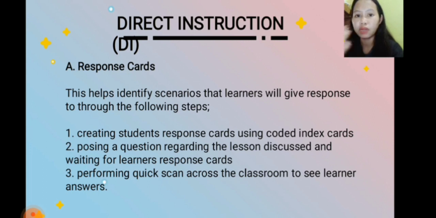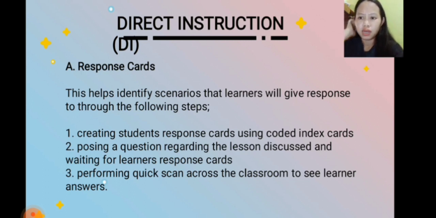We have 3 steps. This is a response card. This is a way of actively engaging students in learning while the teacher is checking for the understanding of the students.